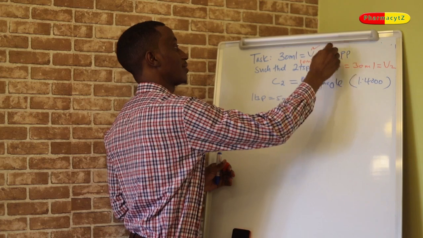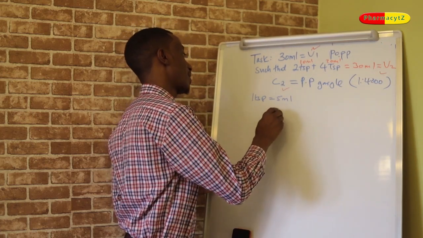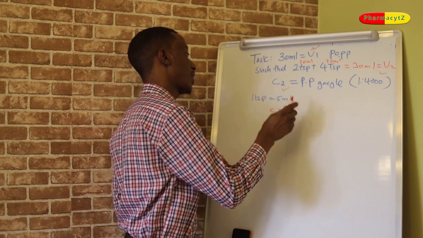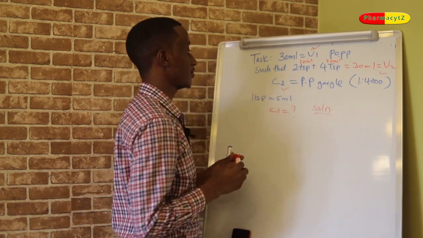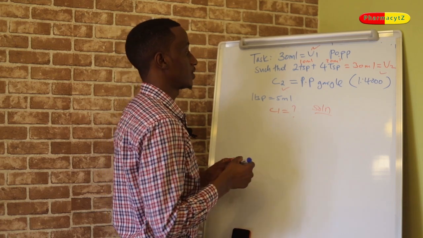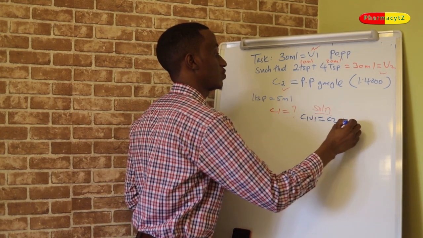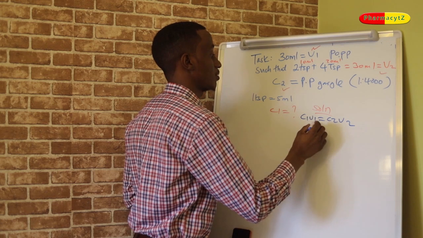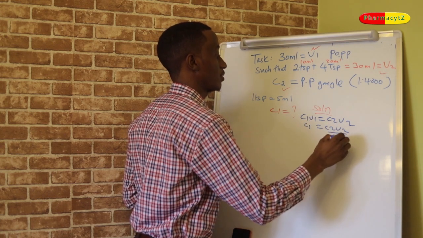So we have volume 2 and concentration 2. What is required here is concentration 1. Concentration 1 V1 is equal to concentration 2 V2. So concentration 1 is concentration 2 V2 over V1.